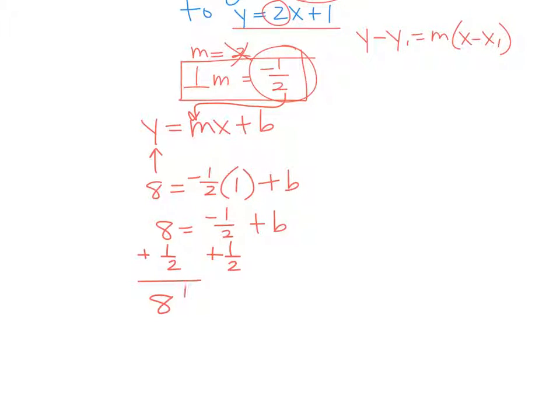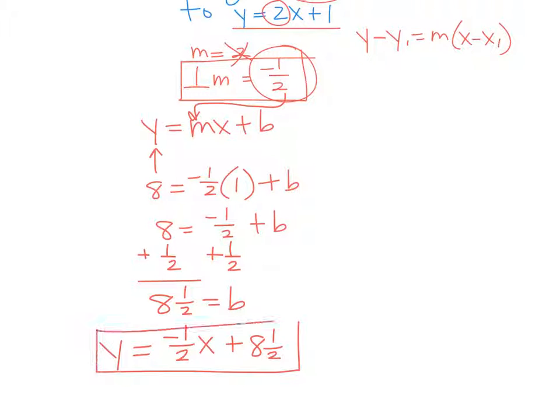Okay, so I get 8 plus 1/2 is 8.5 for my b. So if I plug that into y equals mx plus b, what does it look like? You want the y and the x back. Negative 1/2 is your slope, right? Times x. Then what? Plus 8.5, your b. Okay, so this would be slope-intercept form.